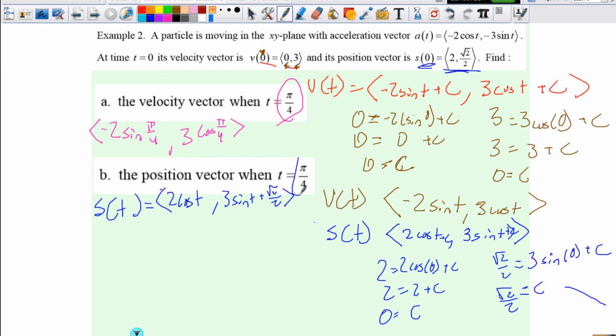And then we're plugging in pi over 4. So s of pi over 4 is going to be 2 cosine of pi over 4, comma 3 sine of pi over 4, plus square root of 2 over 2. And there's an answer.